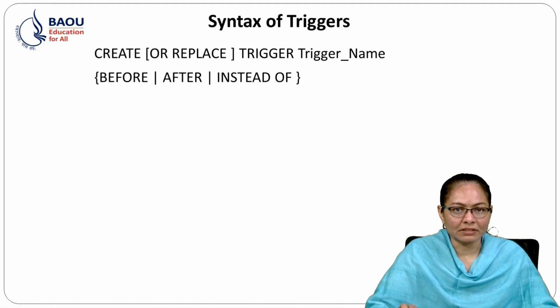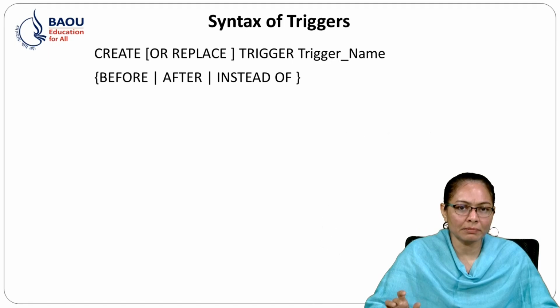Now, before, after or instead of means what? It means at what time the trigger gets fired. Before means before inserting, updating or deleting the records from the table, the trigger will be fired.